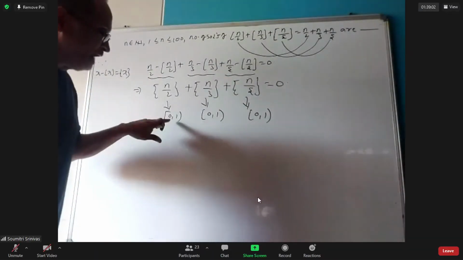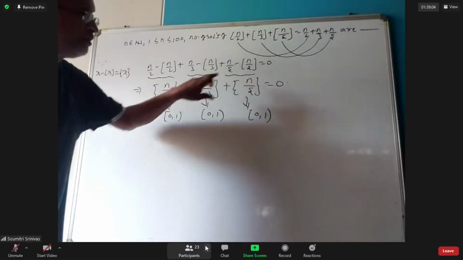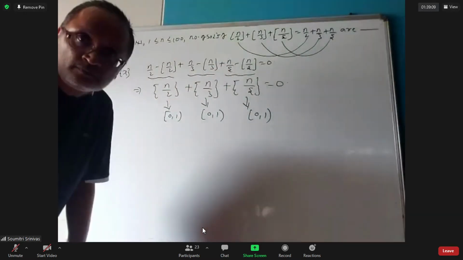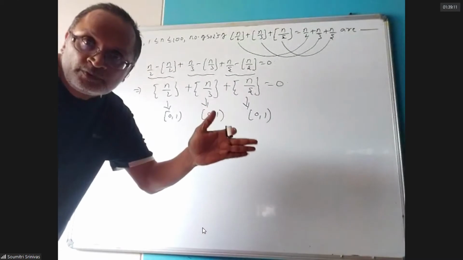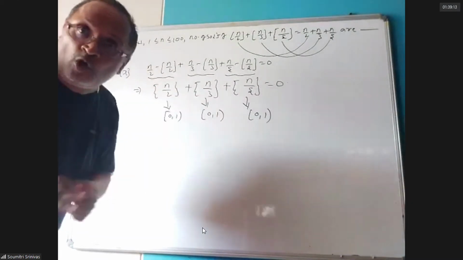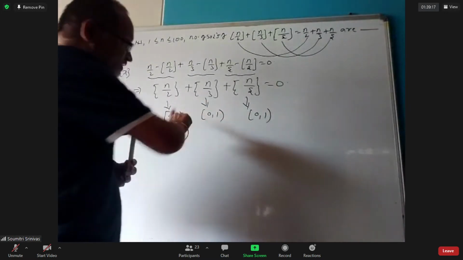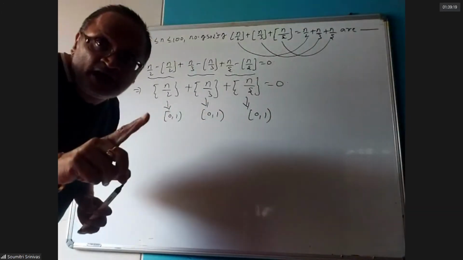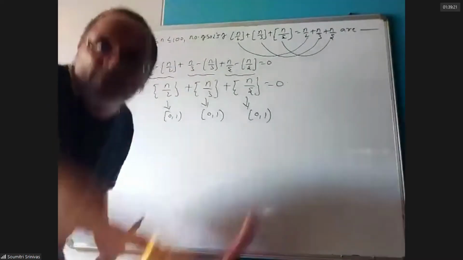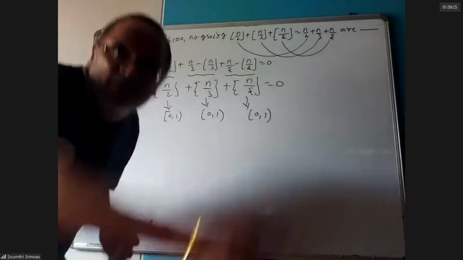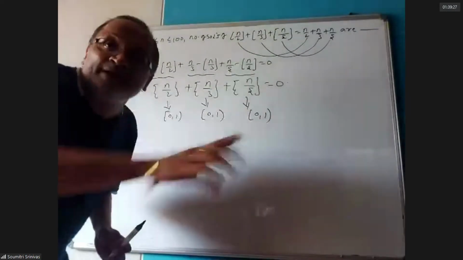When will the sum of the 3 be 0? Are all the 3 positive? No, all the 3 cannot be positive. If all the 3 are any number other than 0, can the sum become 0?